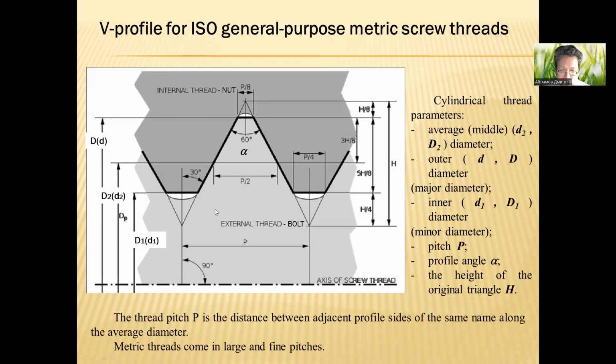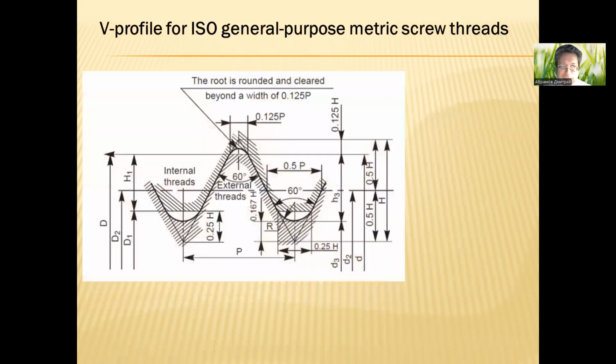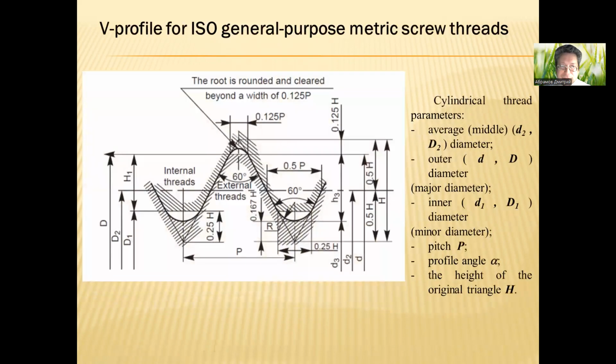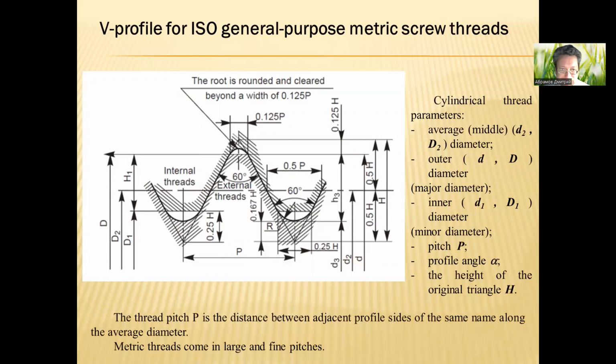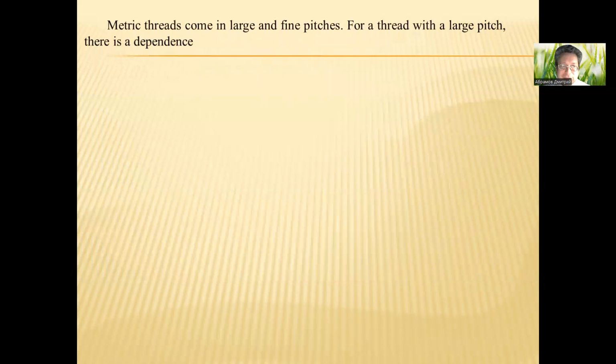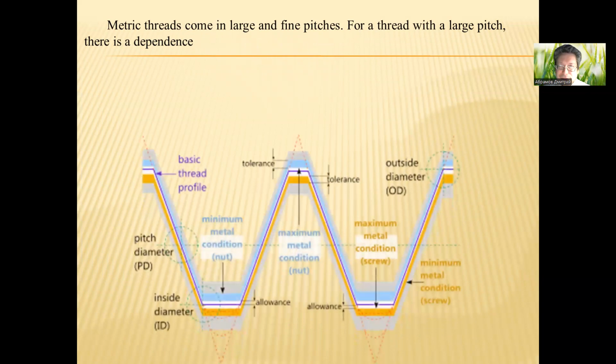Metric threads come in large and fine pitches. V-profile for ISO general purpose metric screw threads. You can see the same parameters on this figure. Metric threads come in large and fine pitches.